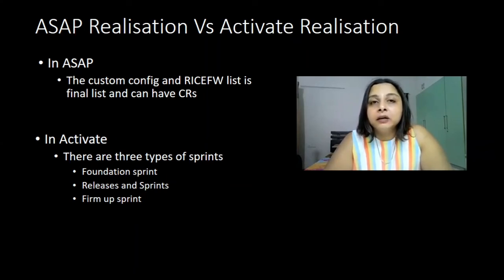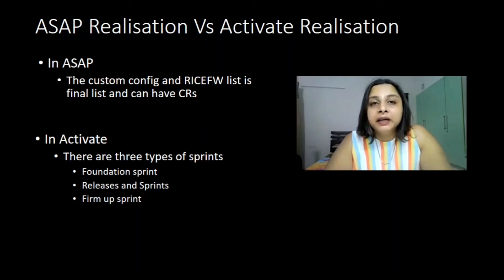So to start up with, there are certain base configuration which is needed to make the system up and running. For that, you will have the foundation sprint, and after that you will have various releases and sprints which will comprise of the various developments or configuration which is required to adapt the SAP standard system to the customer's requirements.